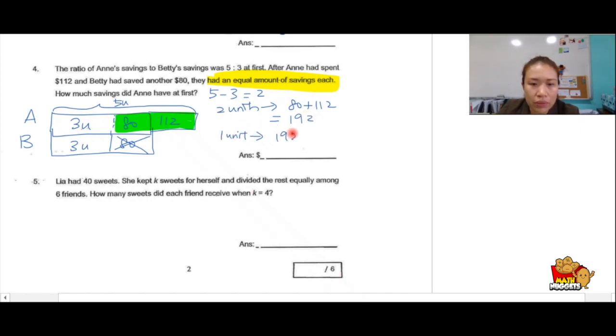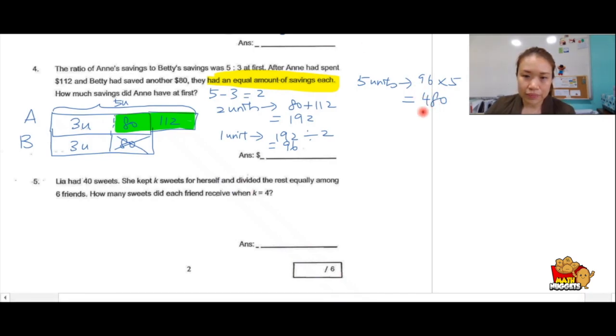So in order to find 1 unit, we take 192 divided by 2, which is 96. So we want to find N at first. N at first is 5 units. 96 times 5. Yeah, 480.